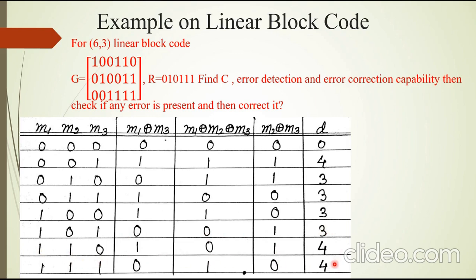So the number of 1s is the distance. So here the distances will be 0, 4, 3, 3, 3, 3, 4, 4.